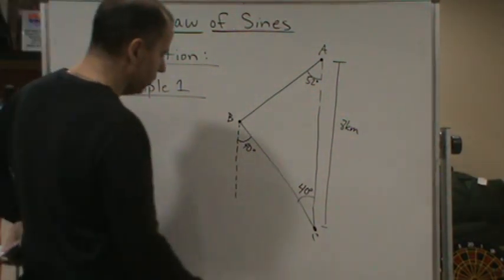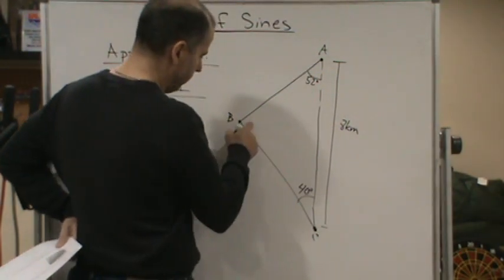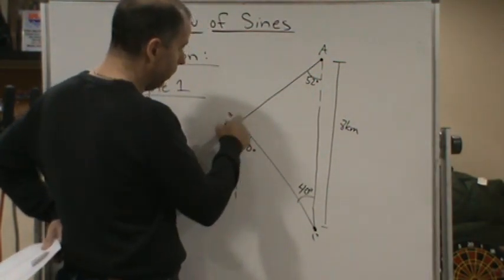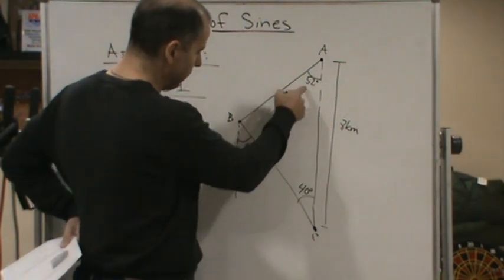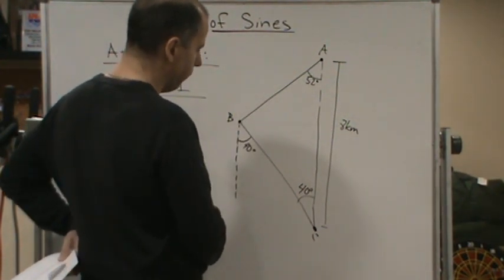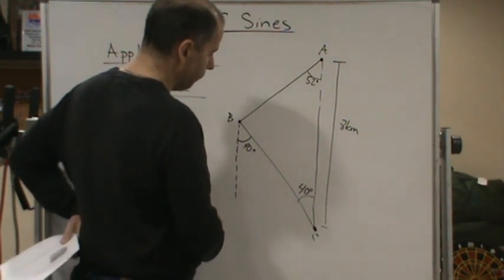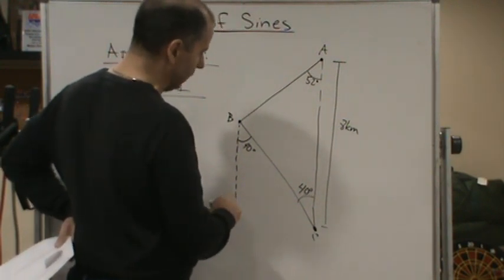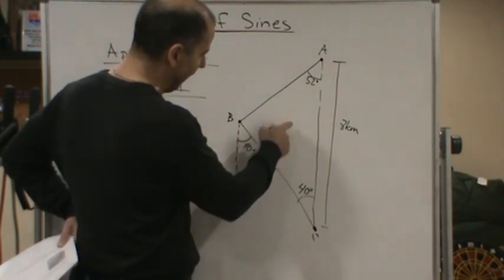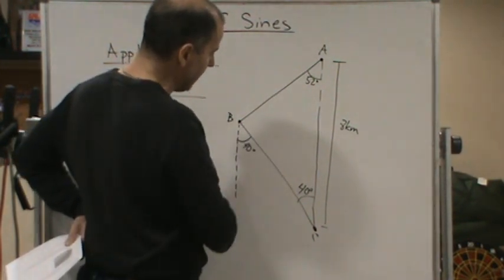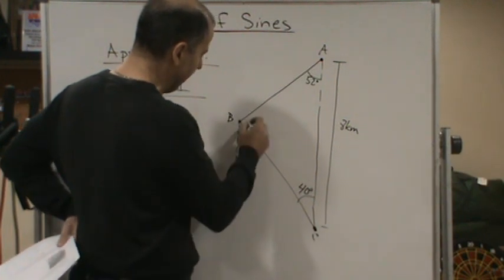And that means we can solve for this angle ABC by subtracting 52 and 40 from 180. So what do we get? 180 minus 92 is 88.